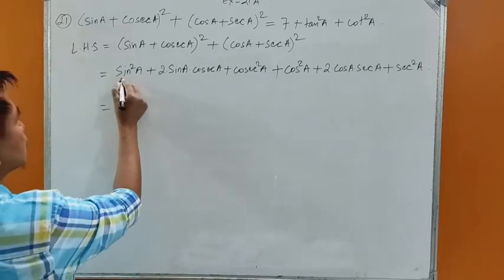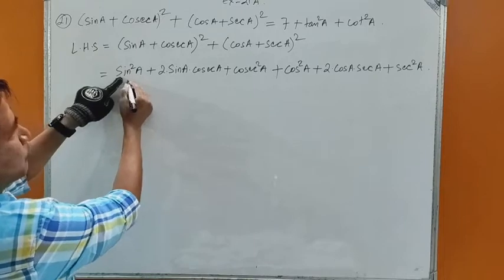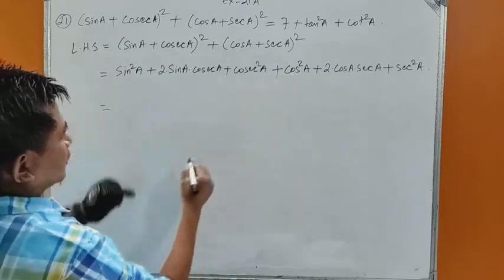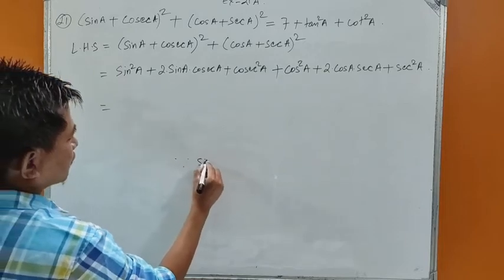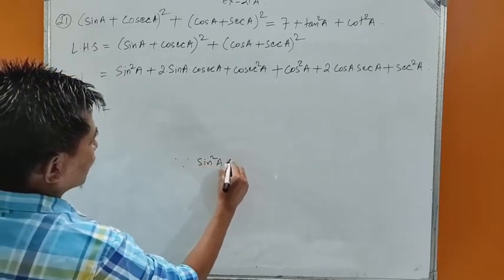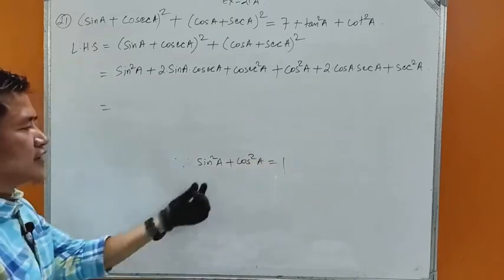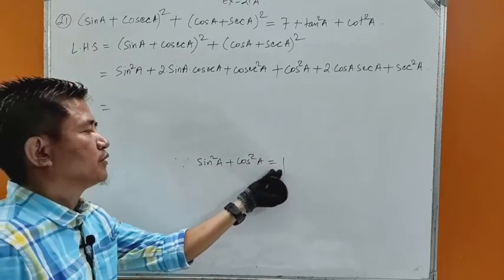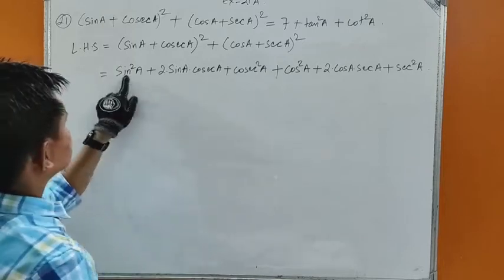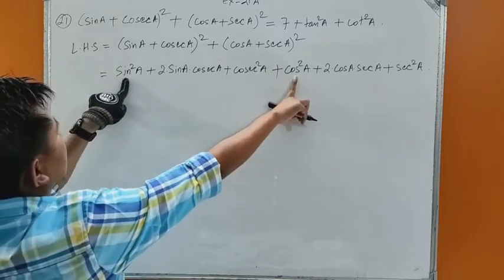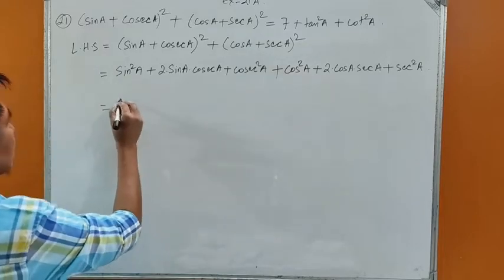Now this sin square A plus cos square A. Can you see this? You know that sin square A plus cos square A means 1, isn't it? Sin square theta plus cos square theta means 1. So instead of sin square A plus cos square A, I'll write 1.